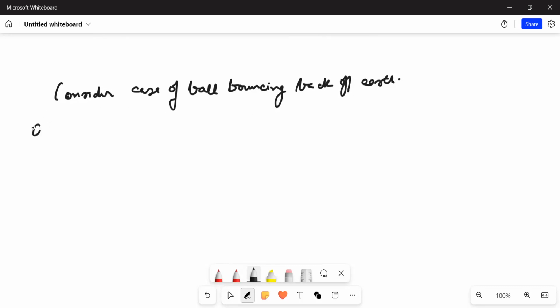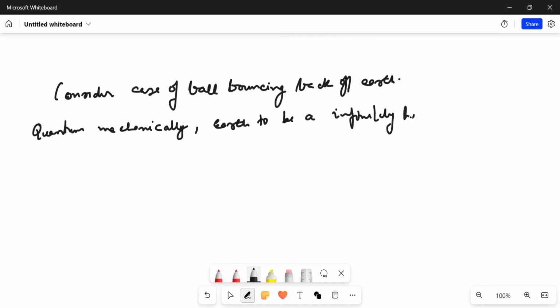Now, quantum mechanically we are assuming this right now, and I'm giving you just a case. We are going to see this case in greater detail when we see the approximation methods. But quantum mechanically, we are considering Earth to be an infinitely hard sphere.